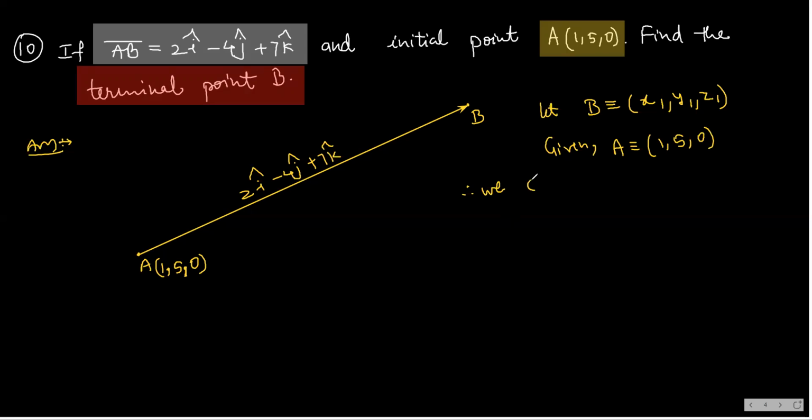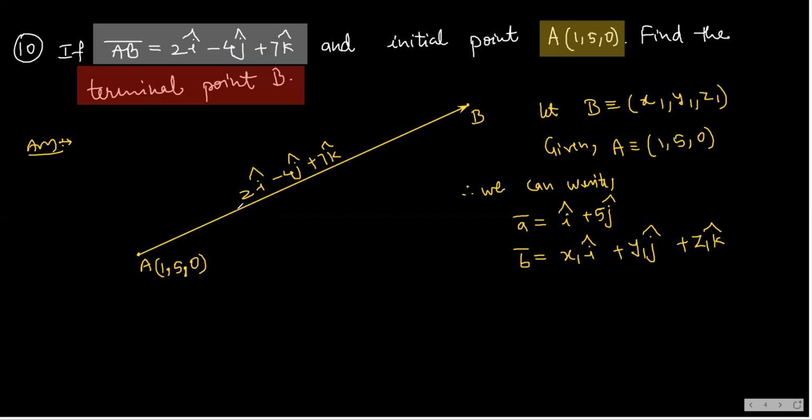From the coordinates of A, I will get the position vector of point A, and from the coordinates of B, I'll get the position vector of point B. So I'll get A bar equals I cap plus 5j cap plus 0k cap. No need to write 0k cap. And what is B bar? B bar I shall get x1 I cap plus y1 j cap plus z1 k cap.